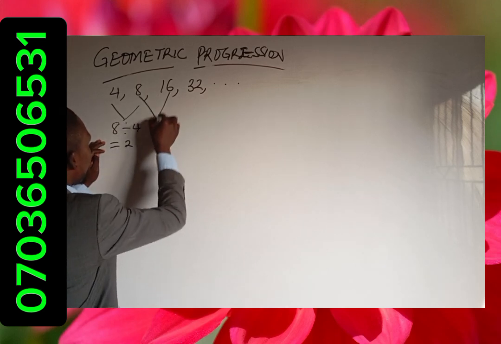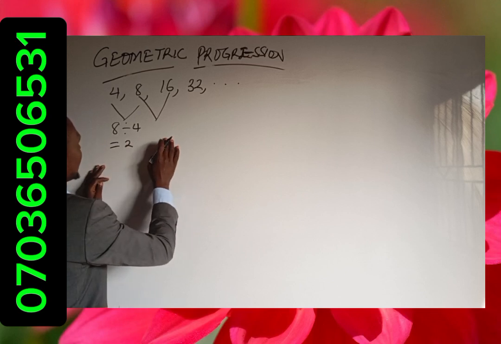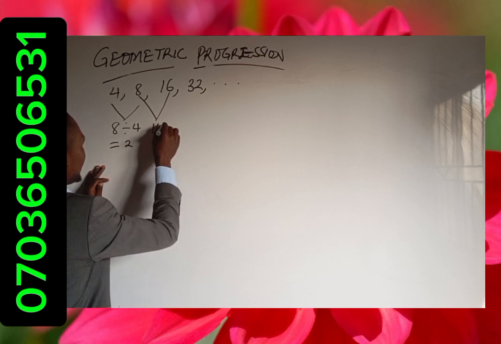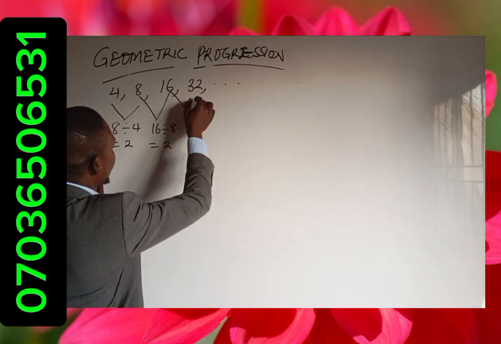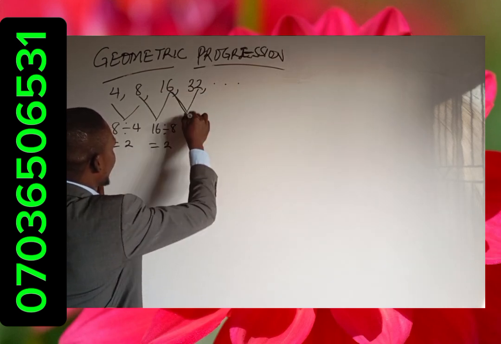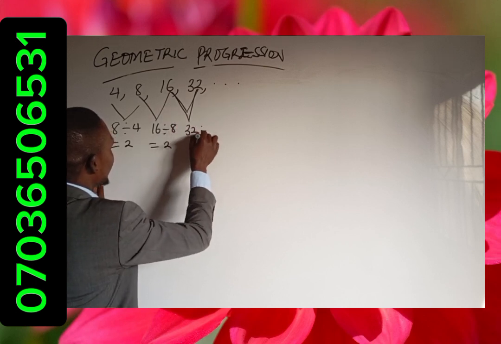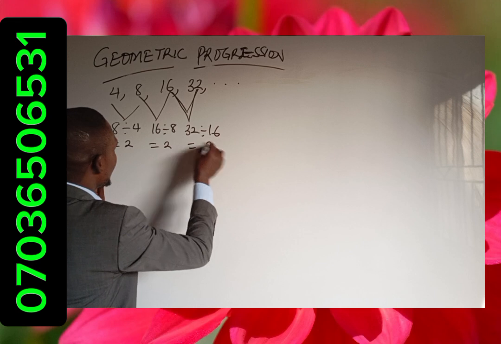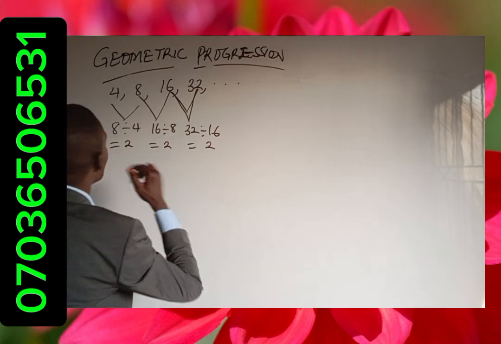Take 8 and 16. 16 divided by 8 will give us 2. Take 16 and 32. 32 divided by 16 equals 2. You can see now that the ratio is the same.